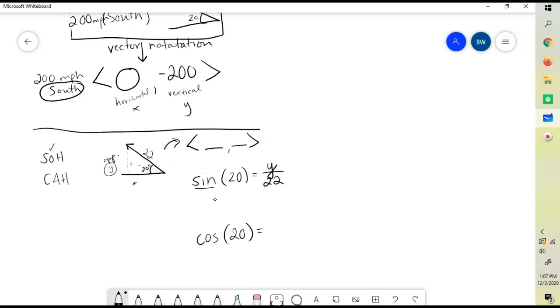Cosine is going to be helping us determine the length of the adjacent side, the side that is right next door to angle 20. It is the x value, the x movement. In this case, it's a negative value, right? We're going left, or we're going west in this case.